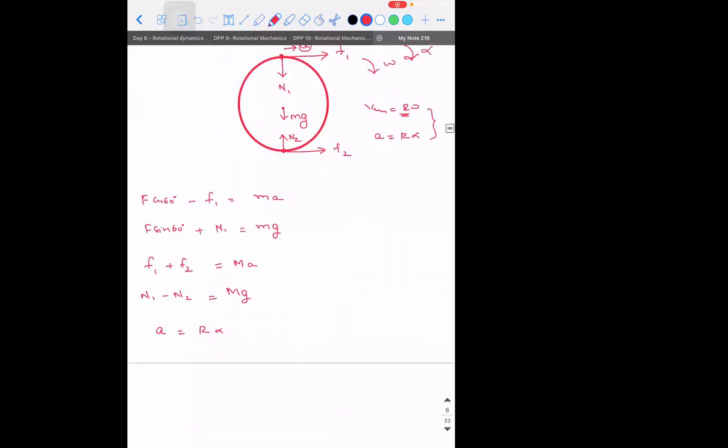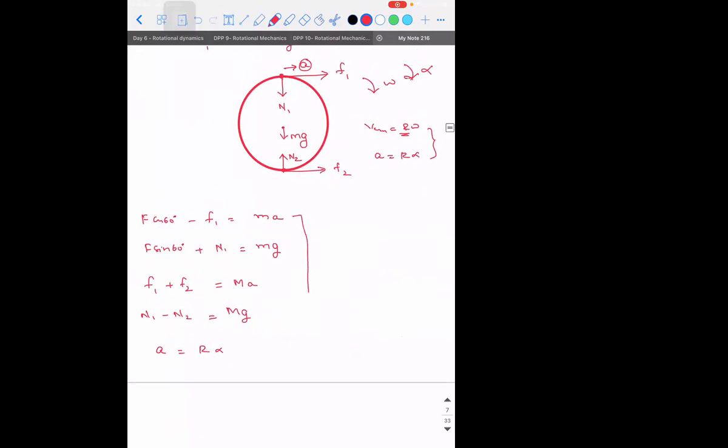So everything is given, you can calculate the acceleration. So these are all the equations which are related to translational.